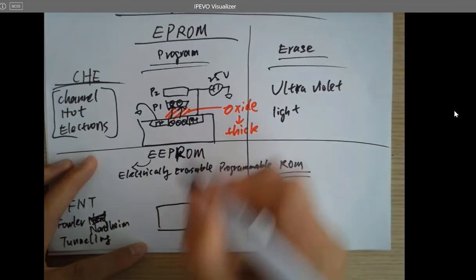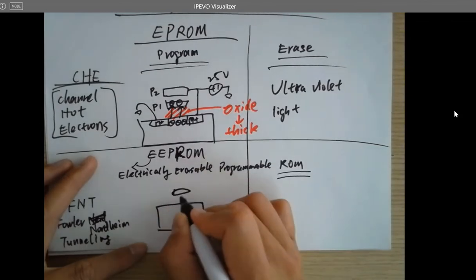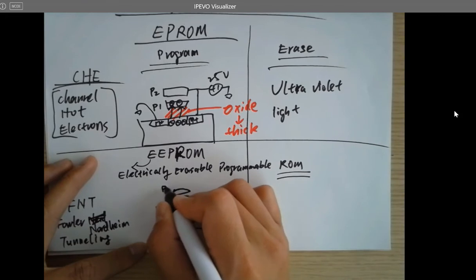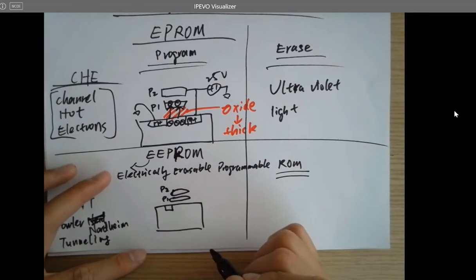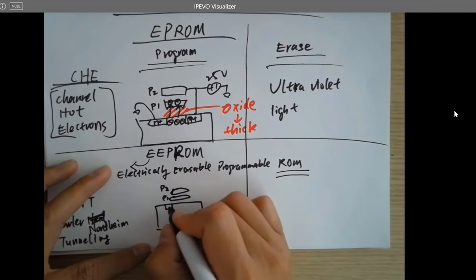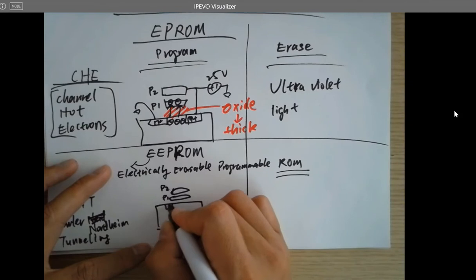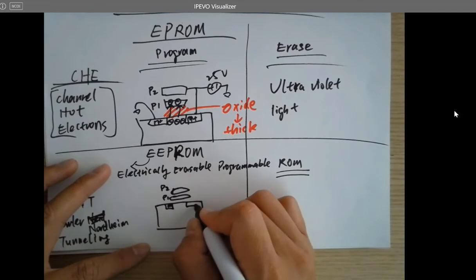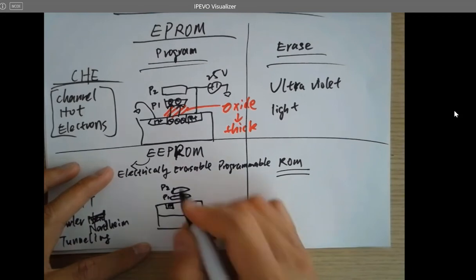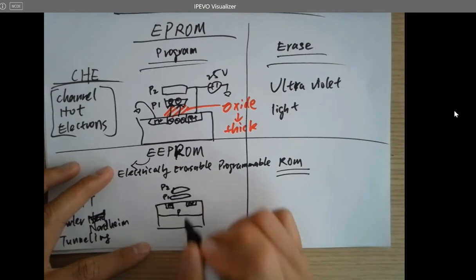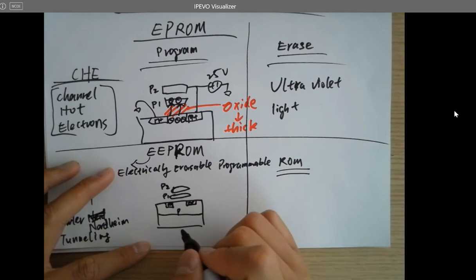For program, it's still a floating gate in here, P2, P1. This is N plus, and you need a P well. It's a double well process compared to the CMOS we have learned.